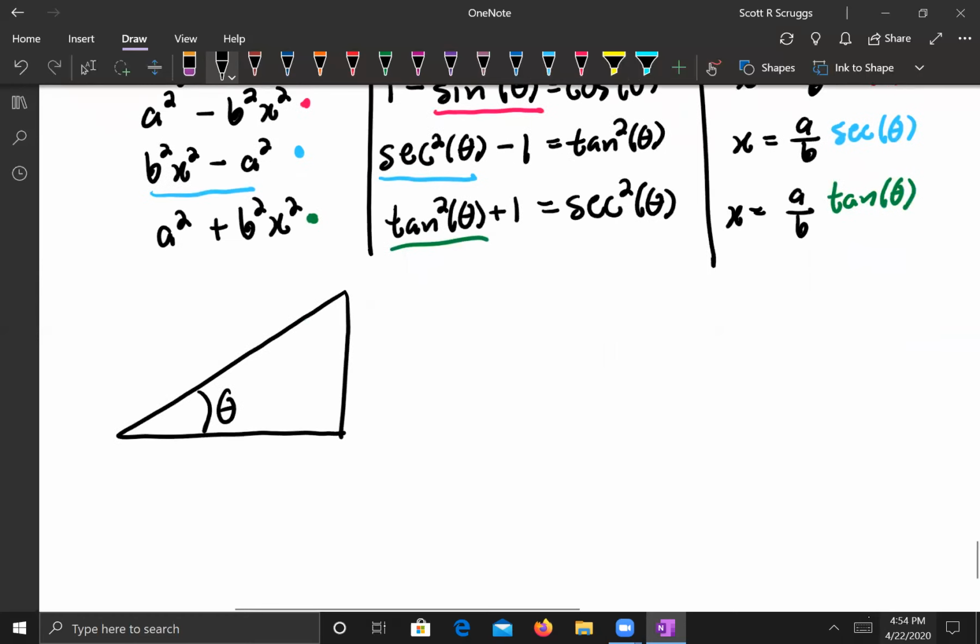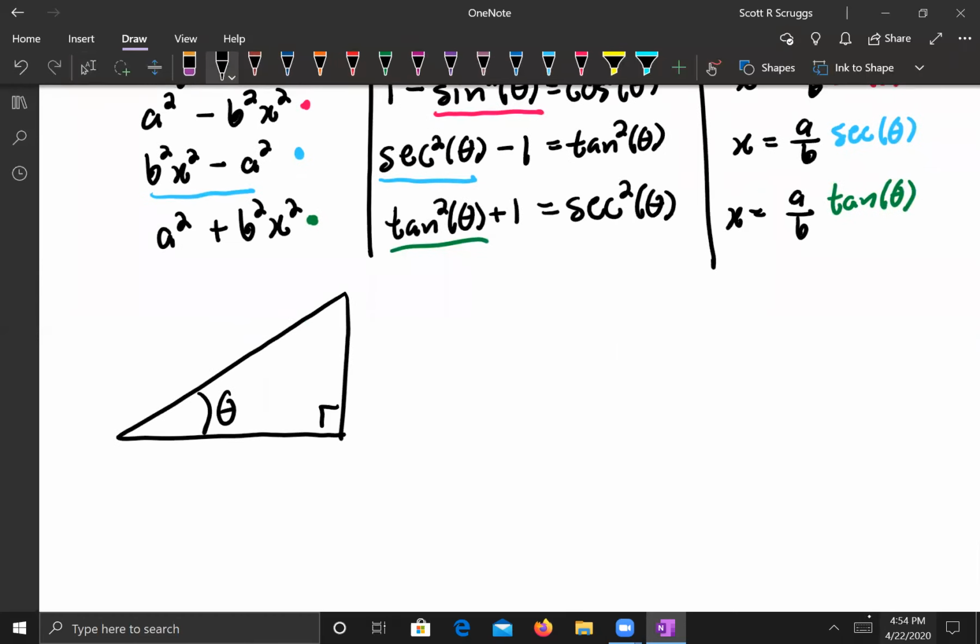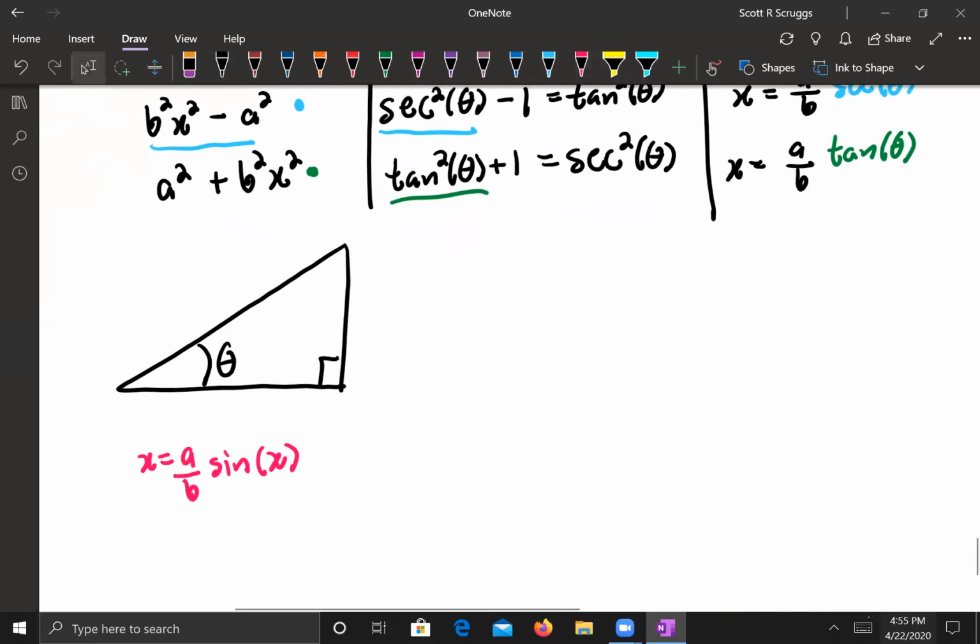And so the triangle that I draw is going to act like my key when I need to substitute and rewrite with respect to x. So if I have to do the following trig sub of x equals a over b times sine of theta, let's write out how my triangle will look.